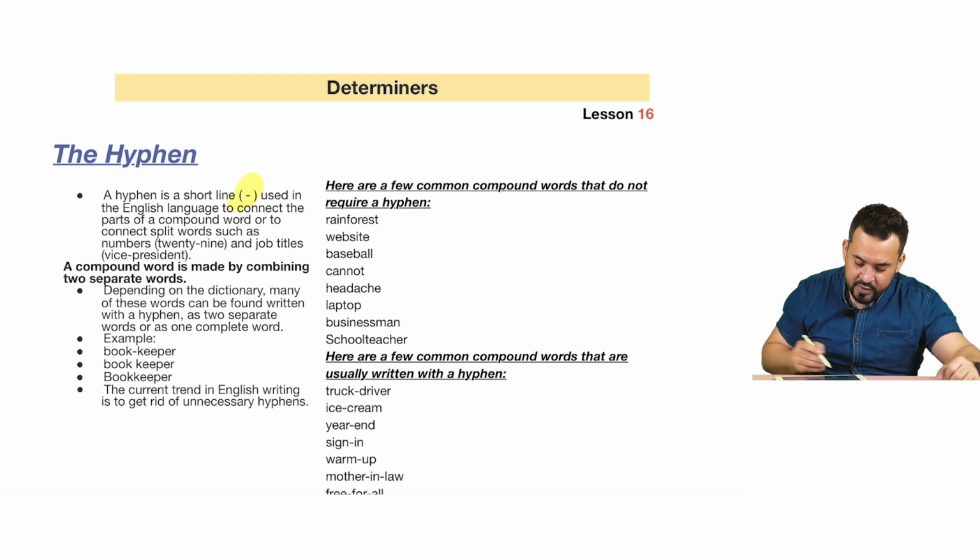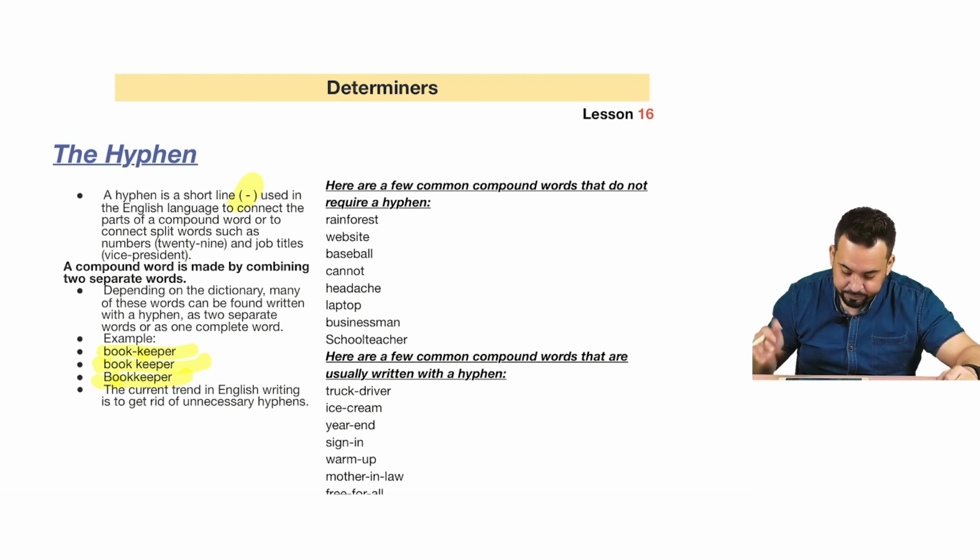We use a hyphen, such as book-keeper. So we say bookkeeper, instead of connecting it or putting a space between it, we can use a hyphen. That's not to say that this one is wrong or this one is wrong, but a hyphen can be used here. Okay?